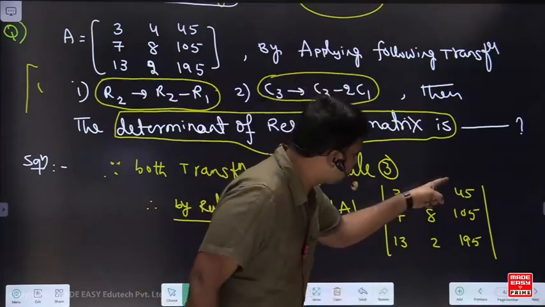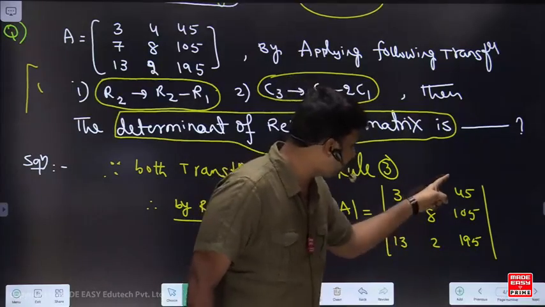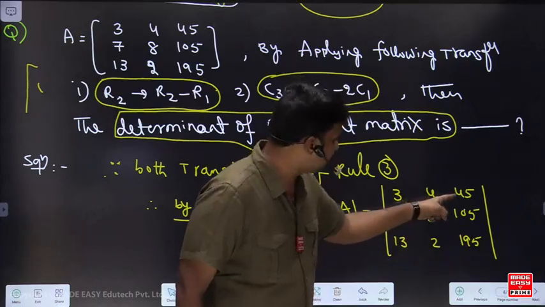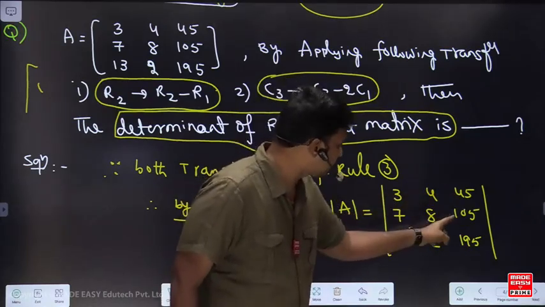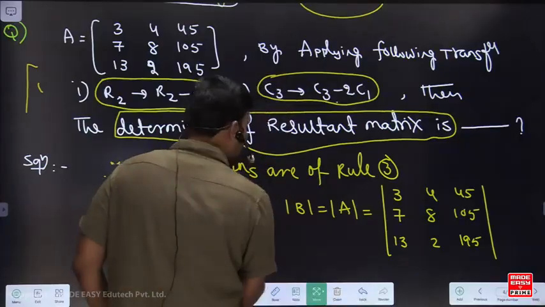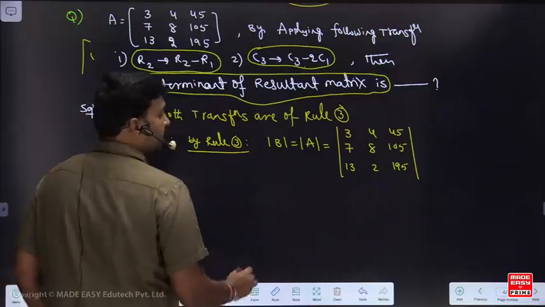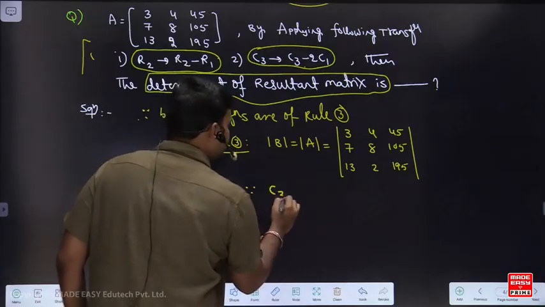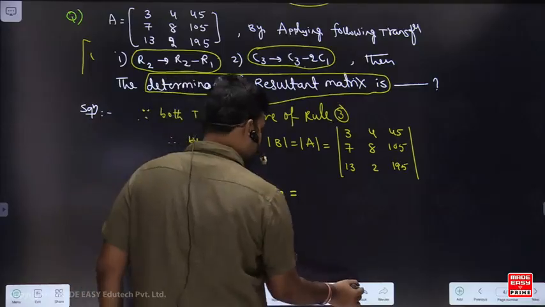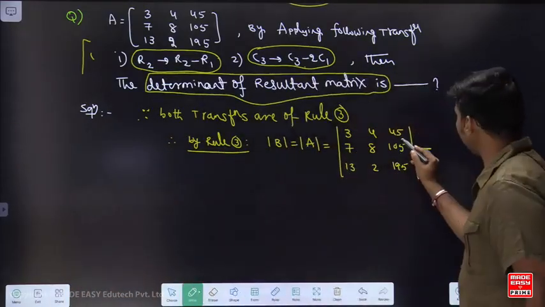See this last column, wherever the big numbers are, are they multiples of any number? Yes, this is a multiple of 15, this is a multiple of 15, and this is also a multiple of 15. So I will write like this, my dear. Since here C3 is this, okay, I'll take 15 common.